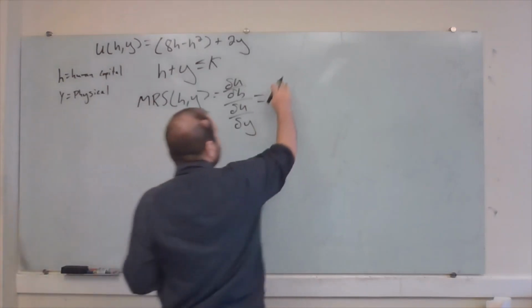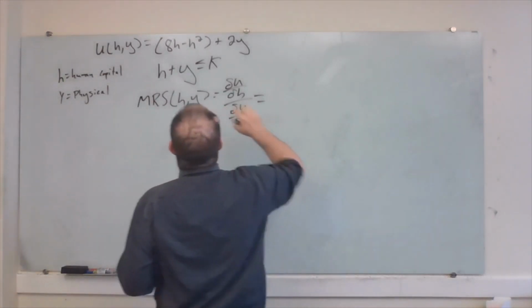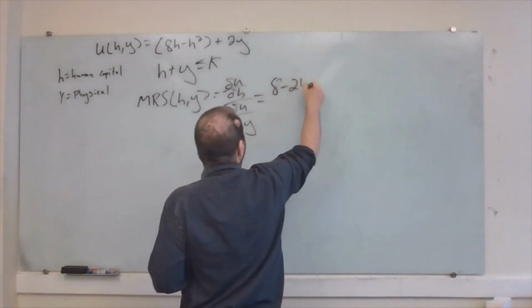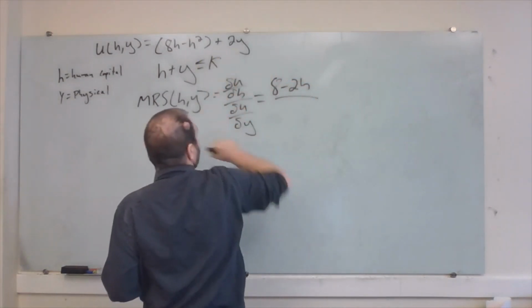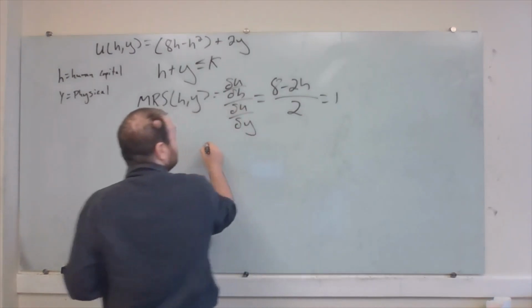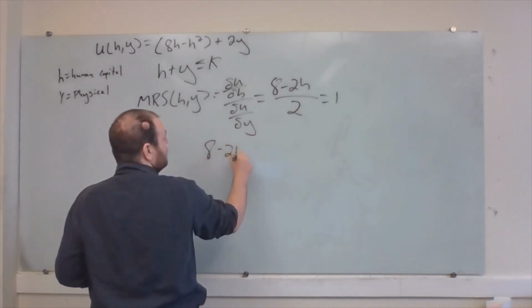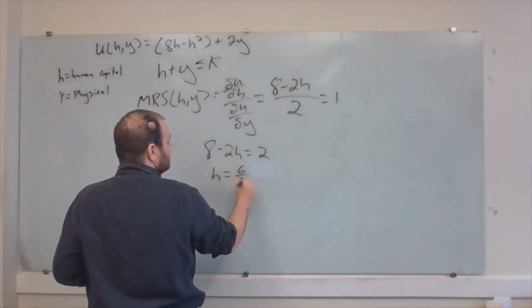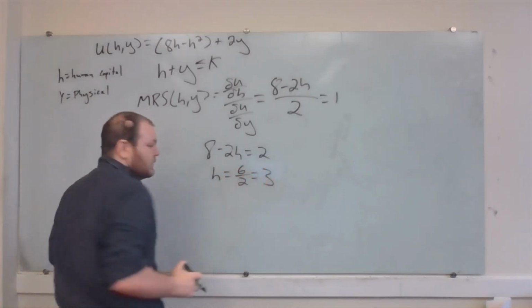So our MRS is going to be the derivative of this, which is 8 minus 2h over the derivative with respect to y, which is 2, equal to 1. So we'll say 8 minus 2h equals 2. H has to equal 6 over 2, which is equal to 3.